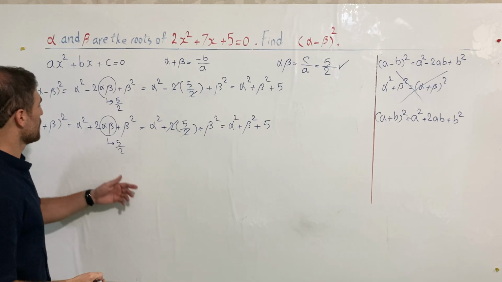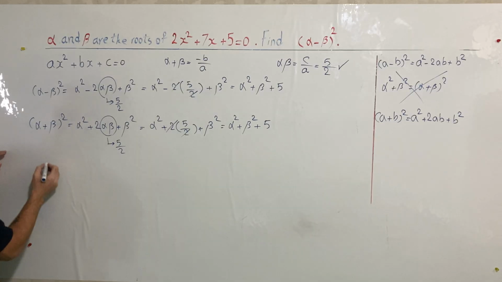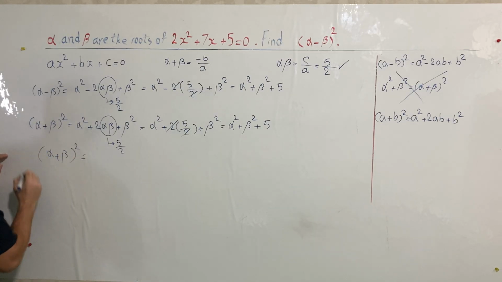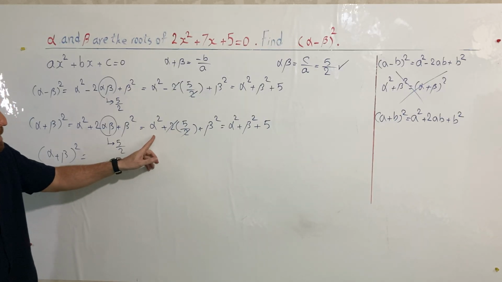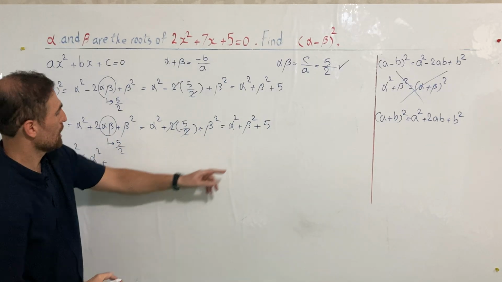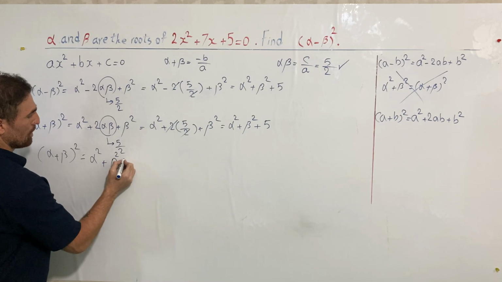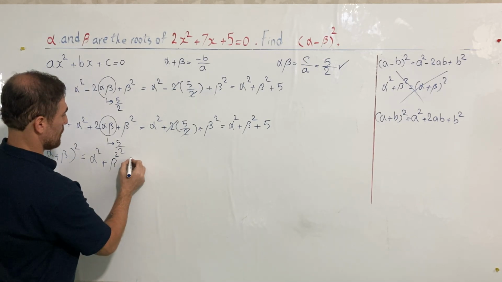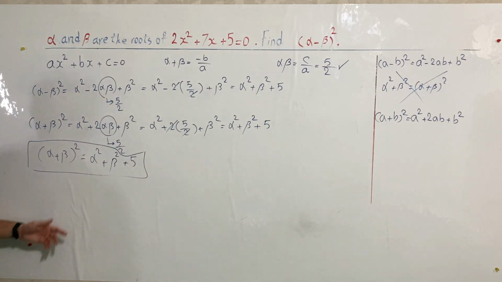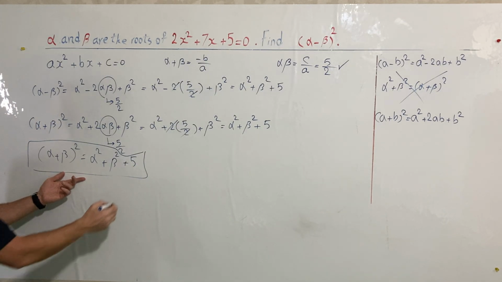So what do we have here? Alpha plus beta squared is alpha squared plus beta squared plus 5. Now, I'm going to use this to continue in the solution.